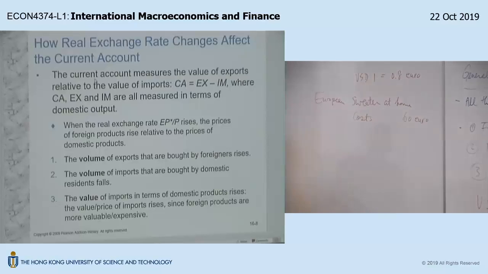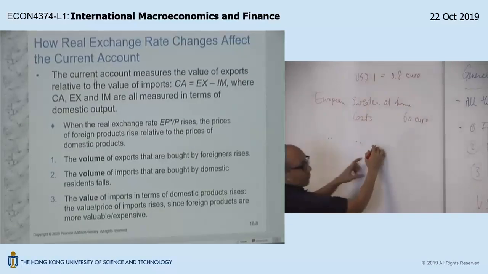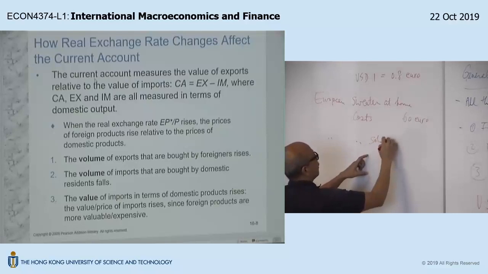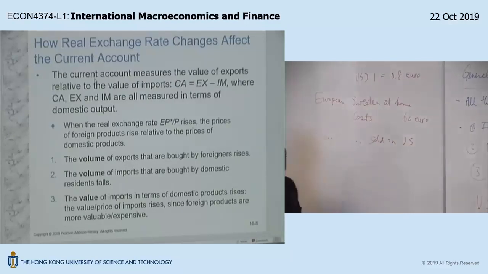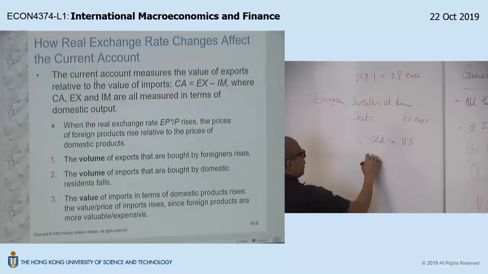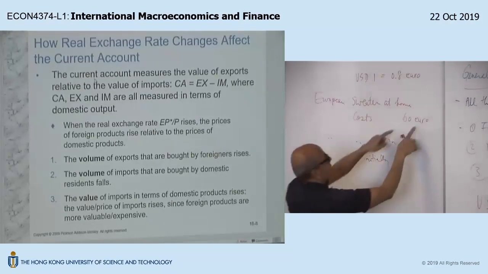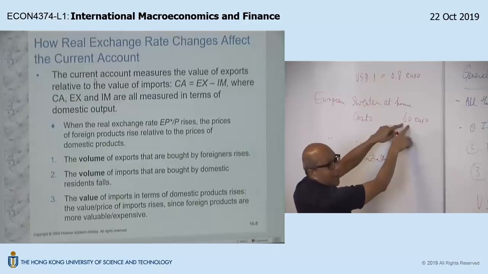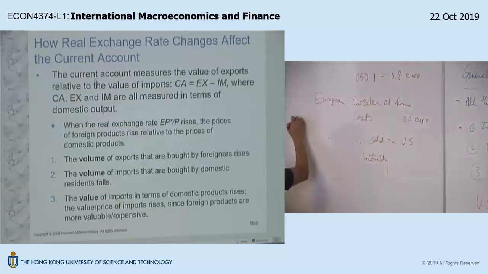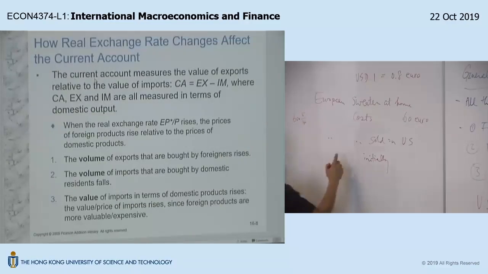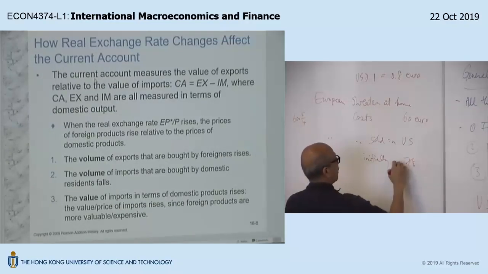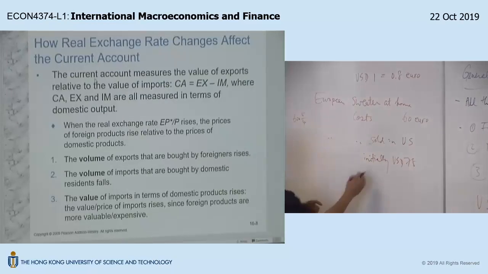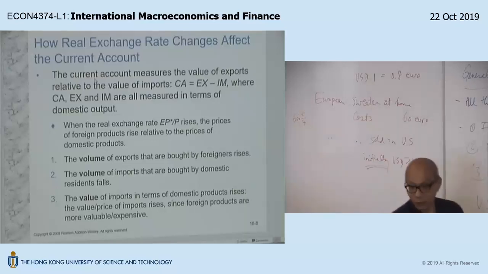So the European sweater sold in the US, initially the price was 60 divided by 0.8, which is 5 over 4 times 60, so 75 US dollars, initially before the depreciation of the US dollar.